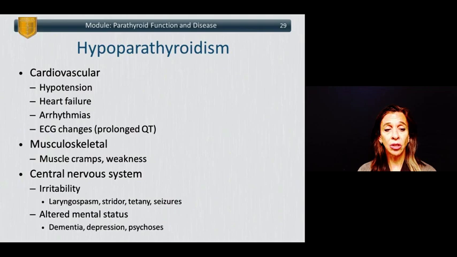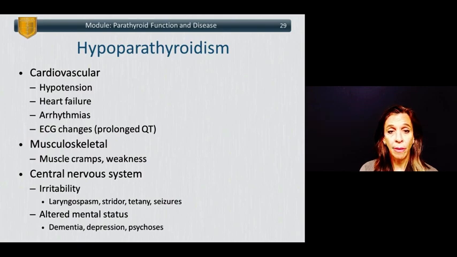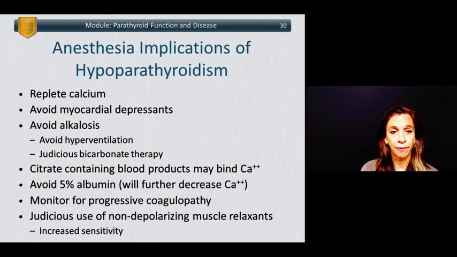The musculoskeletal system problems occur with muscle cramps and weakness. Central nervous system, there is irritability. The patient can have laryngospasm, stridor, tetany, or seizures from the low calcium levels, and altered mental status, including dementia, depression, or psychoses from hypocalcemia.